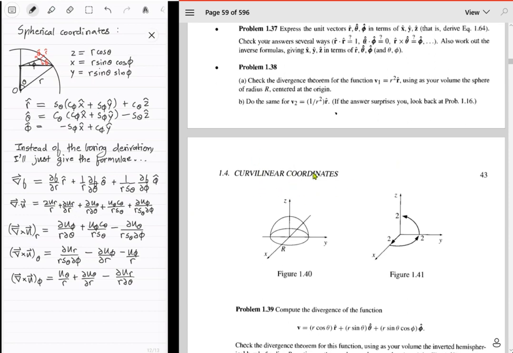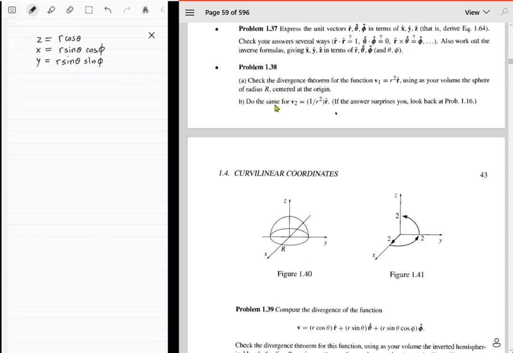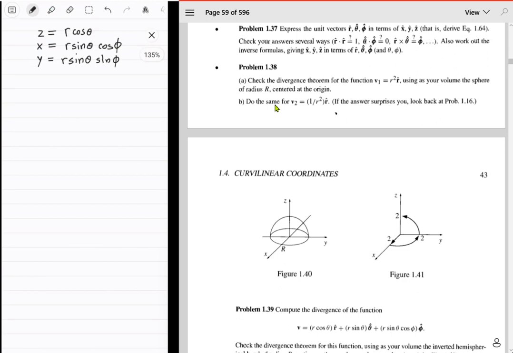So that's our divergence. You just want to integrate this over the complete volume, which is a sphere in this case. That's what they're saying too: use the volume as a sphere of radius R centered at the origin. So we want to integrate.